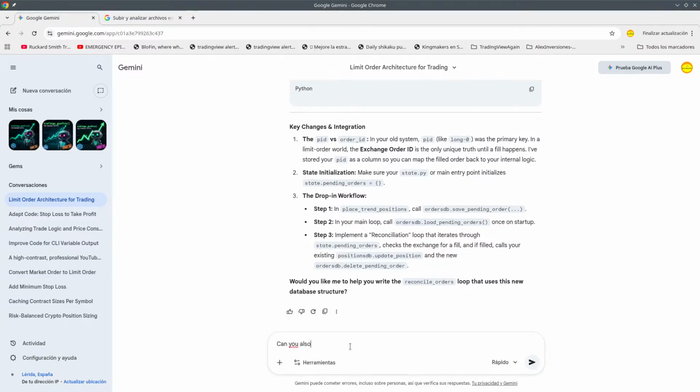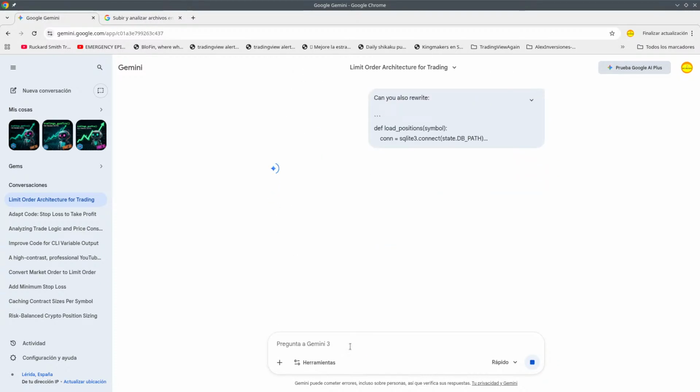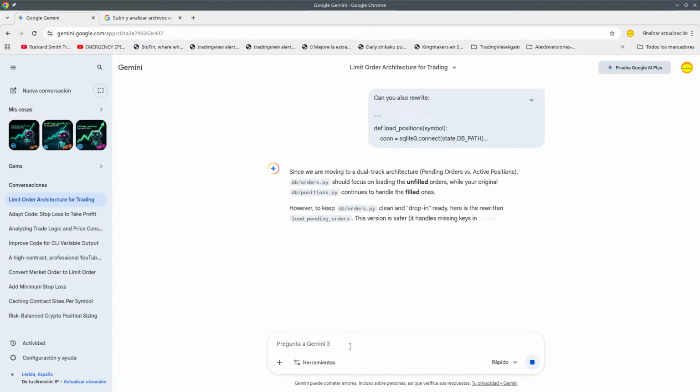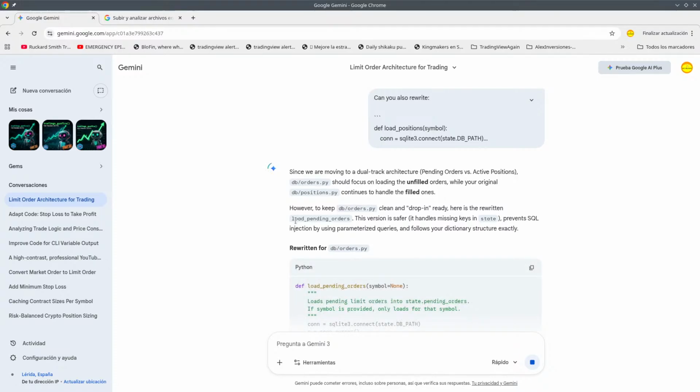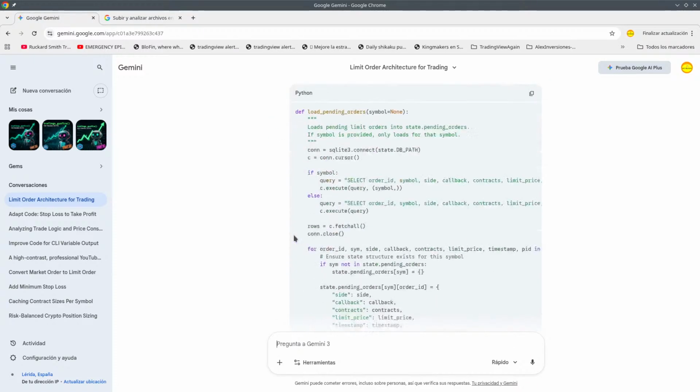Can you also rewrite this thing here so that it's used in db orders.py? Because central tracker should focus on learn and unify it. Why it continues to load pending orders symbol known.